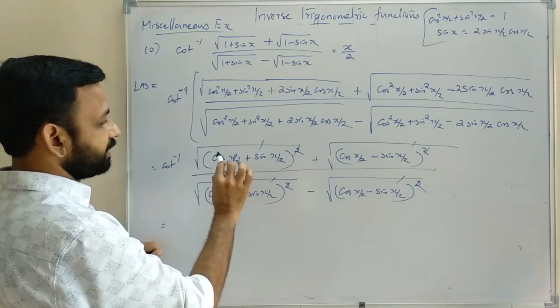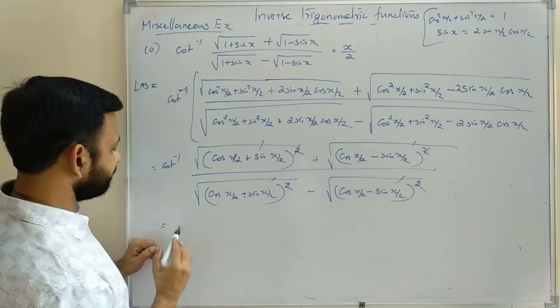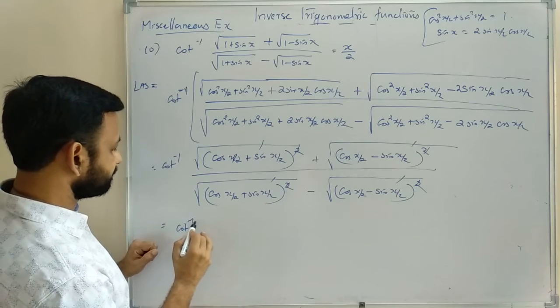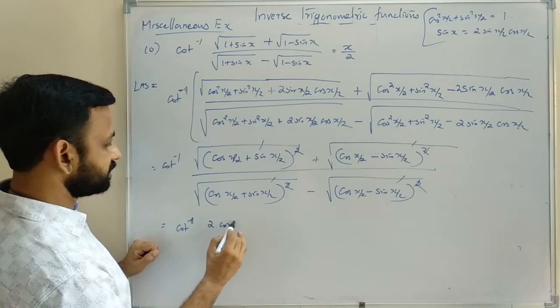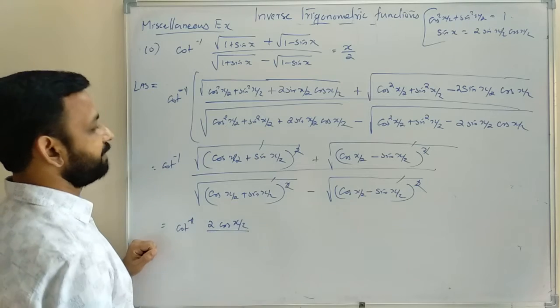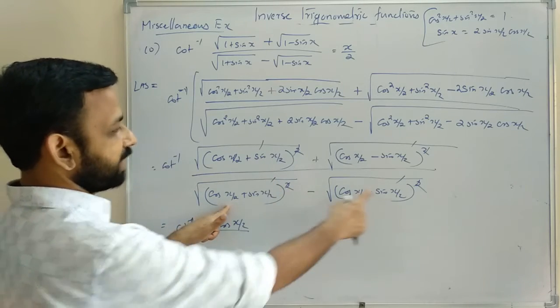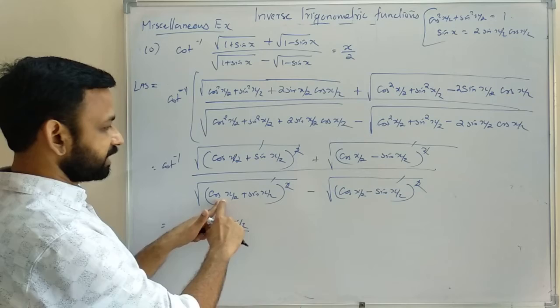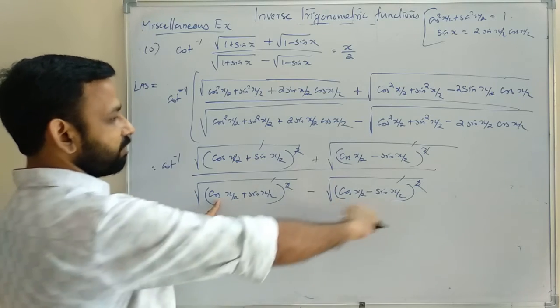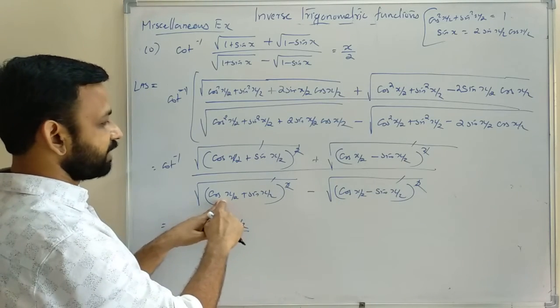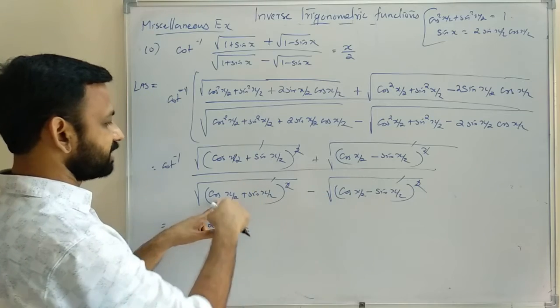So we will get cos x by 2 plus cos x by 2, that is cot inverse 2 cos x by 2 divided by, same way radical and square cancelled, cos x by 2 plus sin x by 2 minus of in bracket. So cos x by 2 and minus cos x by 2 cancelled.